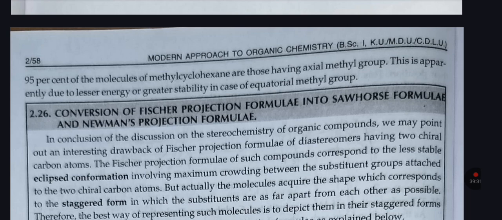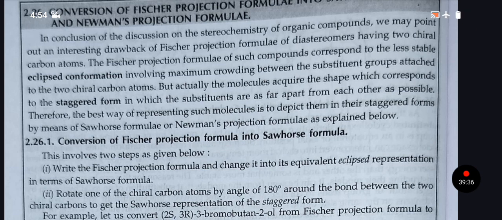In conclusion of the discussion on the stereochemistry of organic compounds, we may point out an interesting drawback of the Fischer projection formula of diastereomers having two chiral carbon atoms. The Fischer projection formula of such compounds corresponds to the less stable eclipsed conformation involving maximum crowding between the substituent groups attached to the two chiral carbon atoms, but actually the molecules acquire the shape which corresponds to the staggered form, in which the substituents are as far apart from each other as possible.